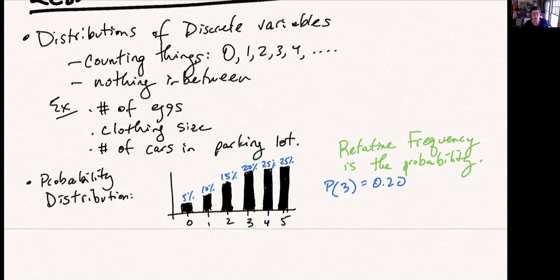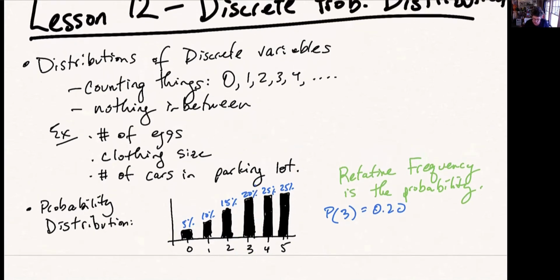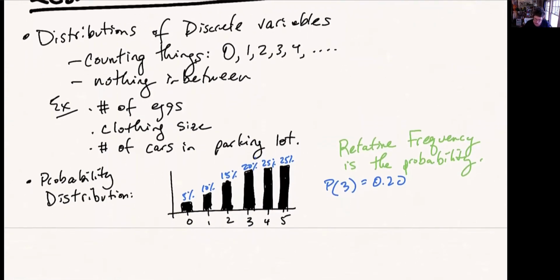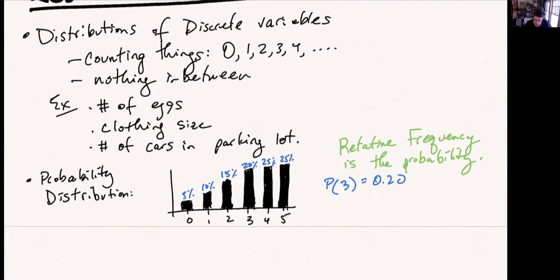With this type of discrete probability distribution, I would give you some values, and I might have you fill out a relative frequency distribution table. Or I might give you something that looks like this probability distribution here.